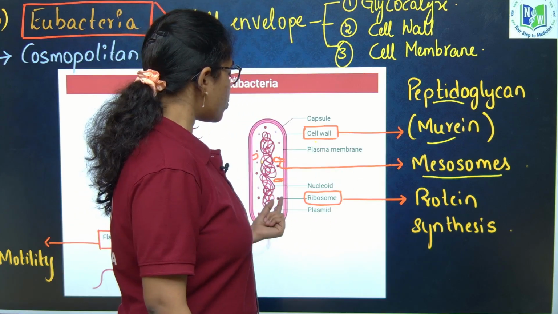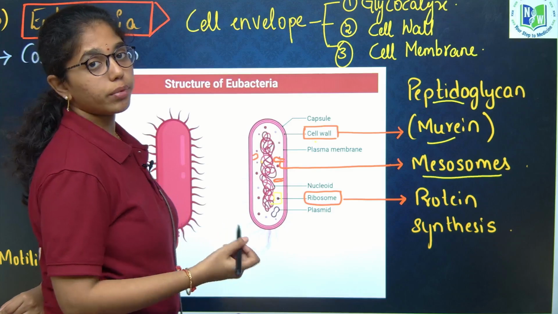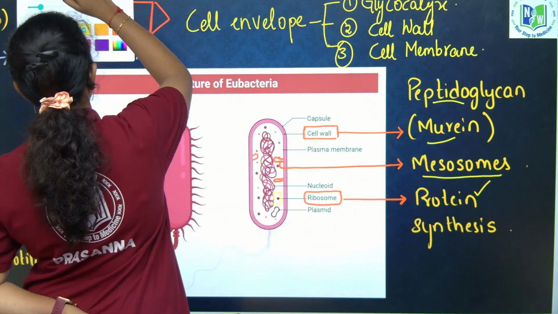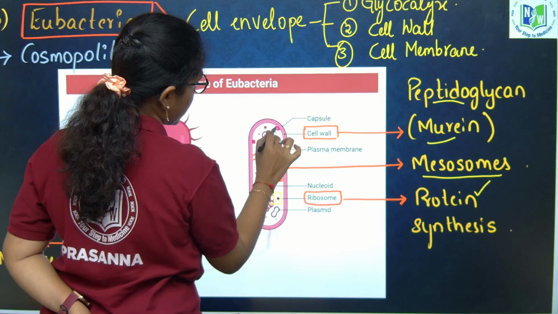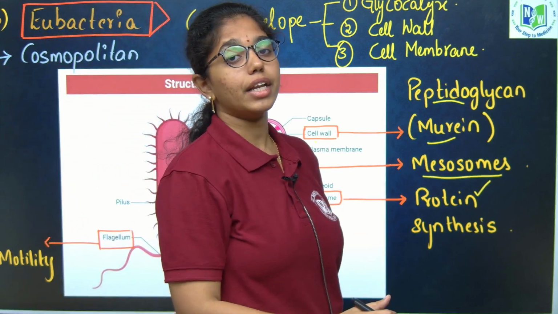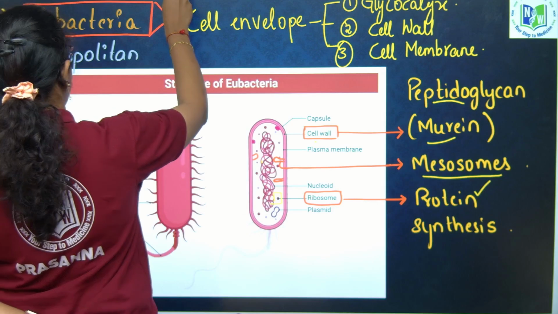Ribosomes present in the cytoplasm play a crucial role in protein synthesis, and those attached to the plasma membrane synthesize the proteins needed for translocation.